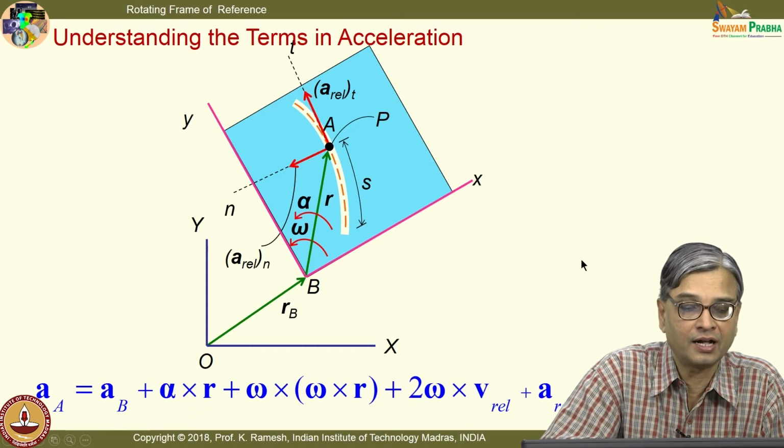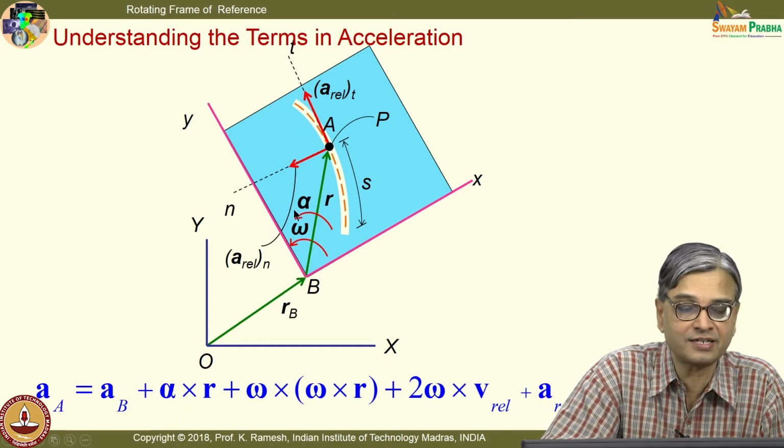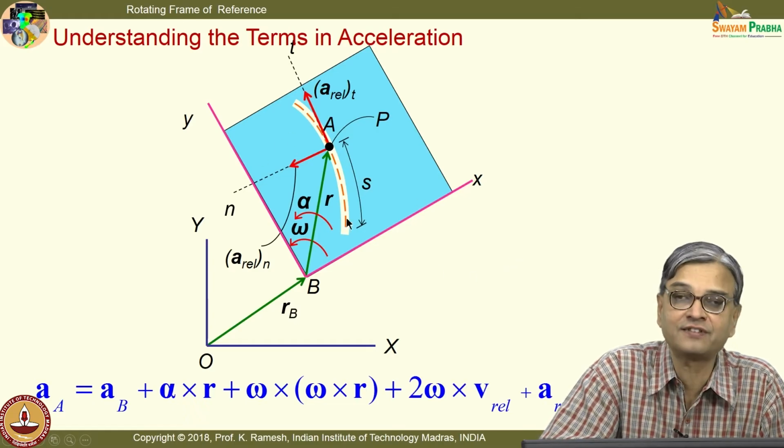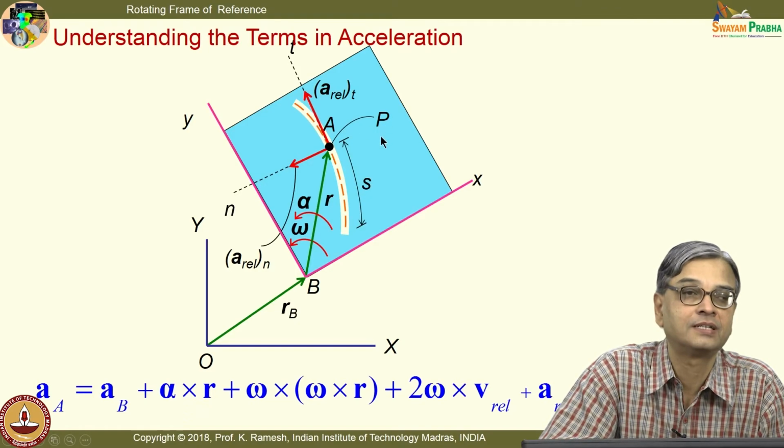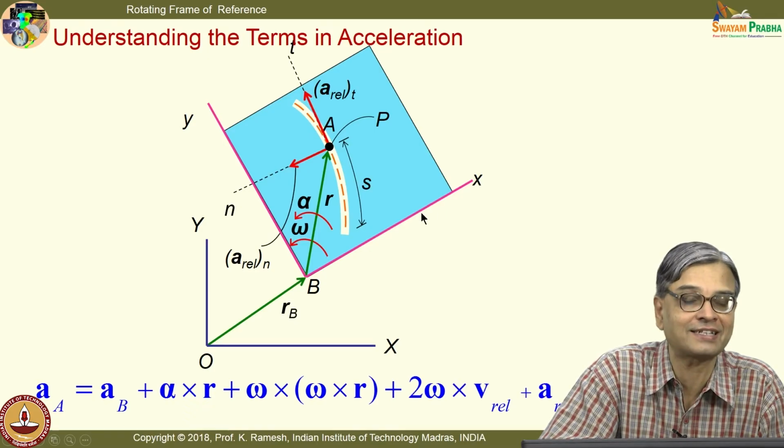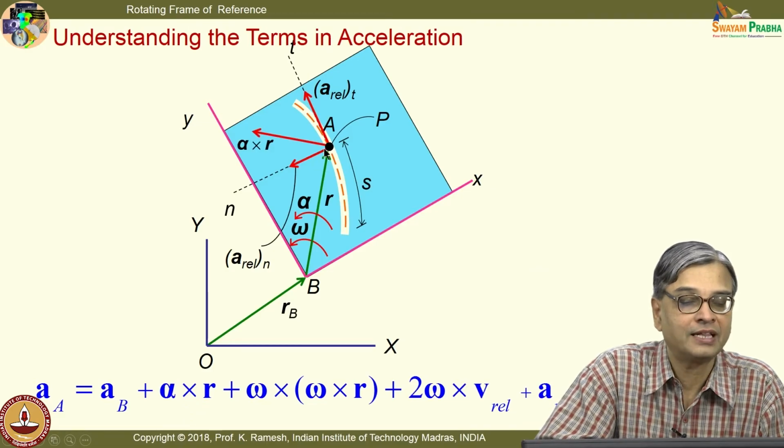Now, I also have this visualization of alpha, it is easy for me to put now. When I want to carry on the discussion further, I look at what happens to a coincident point P. If I have to find out the parameters for the coincident point, I imagine that I attach a non-rotating translating axis at B. And you know very well that this will appear to rotate like this.